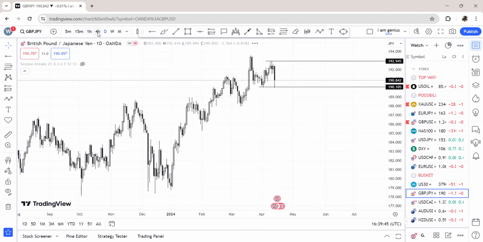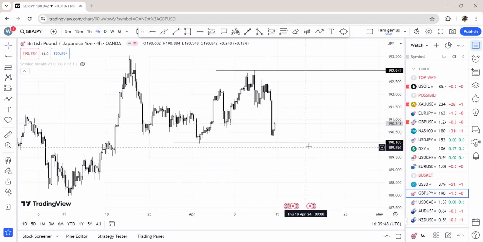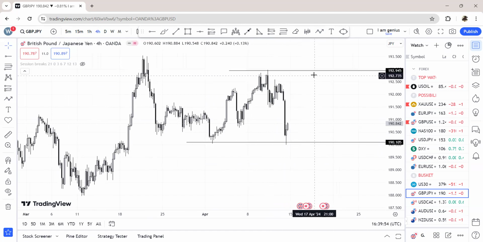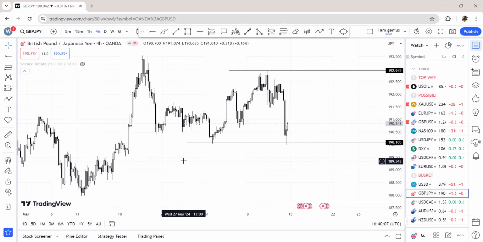So now we'll move on to the H4. We see exactly what was going on. You can see there's this rejection here. The market is probably pushing till that level there. So our main bias here is going to change from a 70 to 30 to 60 to 40.